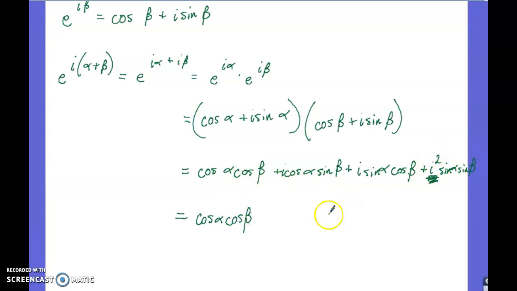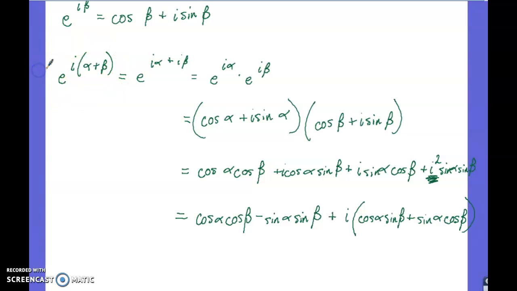I'm going to move this to the left, and it makes it negative because of the i squared: sine of alpha, sine beta. And then the other piece, I'm going to factor out an i, and I have cosine alpha, sine beta, plus sine alpha, cosine beta. And you might be sitting there and saying, what in the world are you doing?